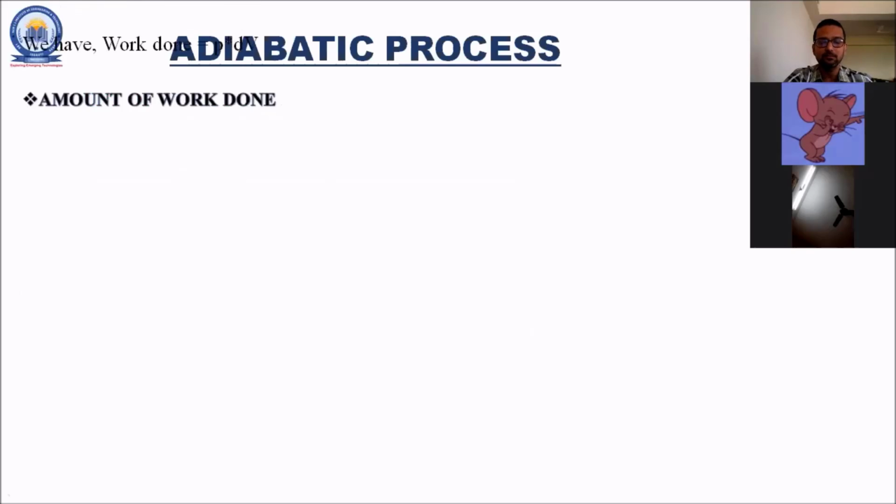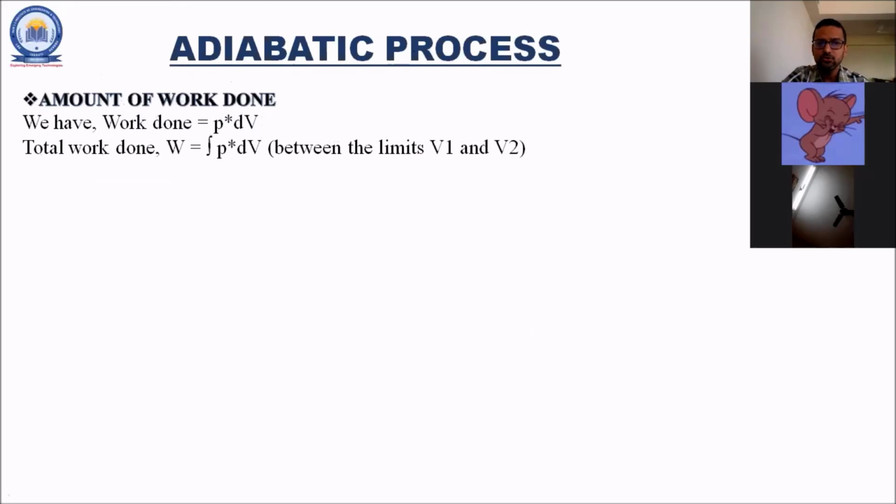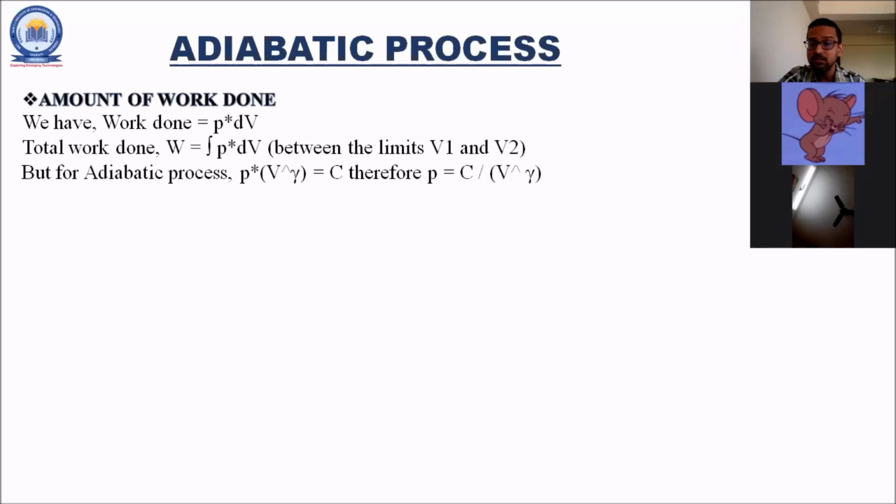So now let us proceed further to the next topic of the adiabatic process, that is the amount of the work done. So we know the standard relation, work done is equal to PdV. So total work done is equal to integration of PdV between the limits V1 and V2. Now we know that for the adiabatic process, PV raised to gamma is equal to constant.